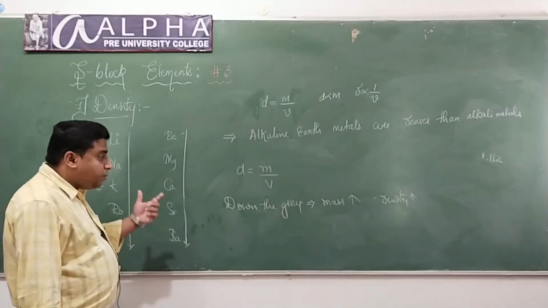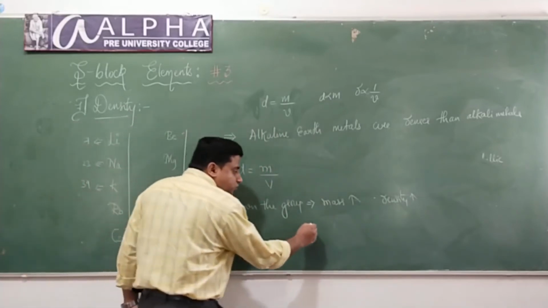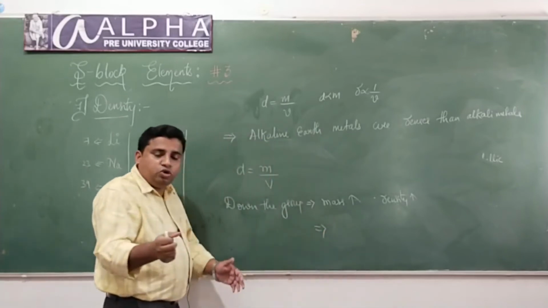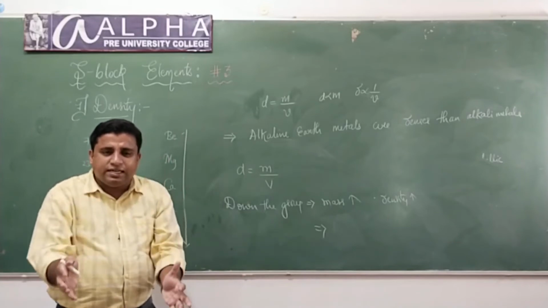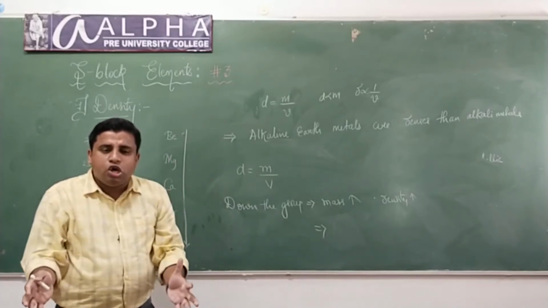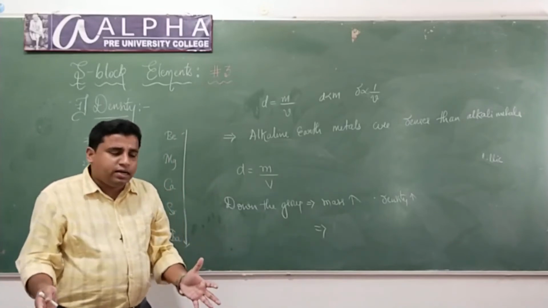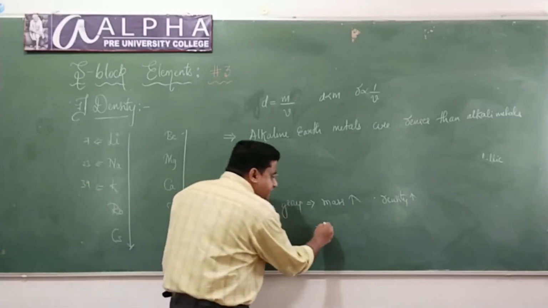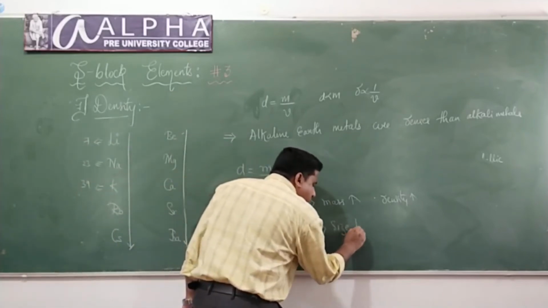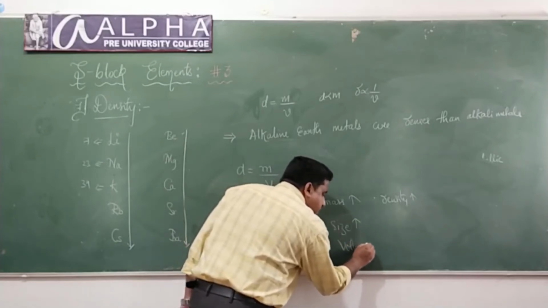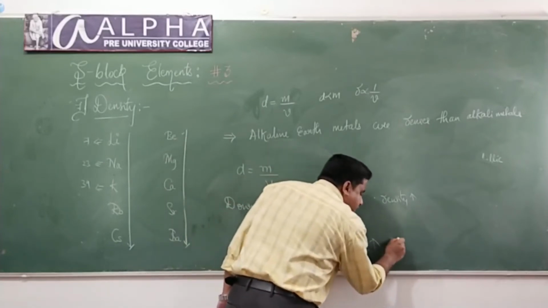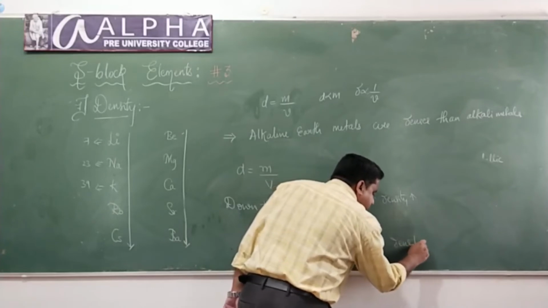But also down the group, we know atomic size increases. As the size increases, volume will increase. That means volume will also increase, and as the volume increases, density should decrease, isn't it?